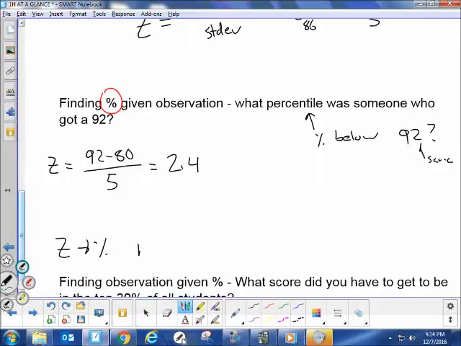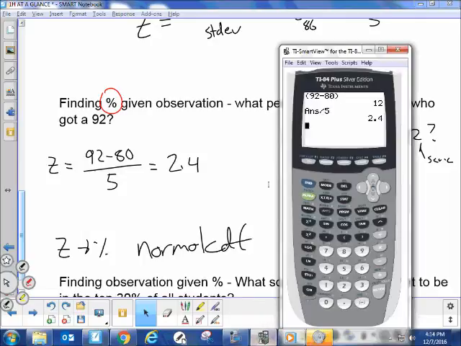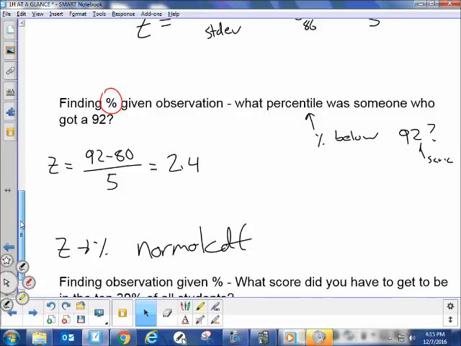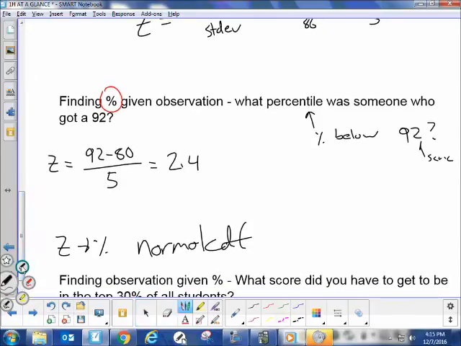Okay? So, now, to turn z's into percent, we will use the function normal CDF. Okay? Now, where's normal CDF? In my calculator, I'll go to second distr. And remember, normal CDF is down here at 2. Okay? Now, it says lower and upper. Well, this is when we're going to use the z's that we have. So if I have 2.4, I'm going to go normal CDF.